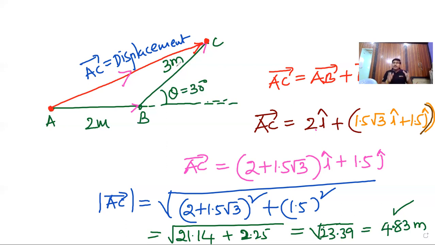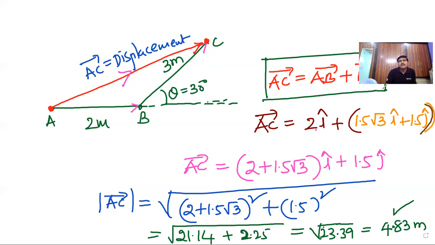That means you can first represent the given lengths in vector form, then add by means of the triangle law. That's all. That is the simple case of addition of the vectors by AC bar.